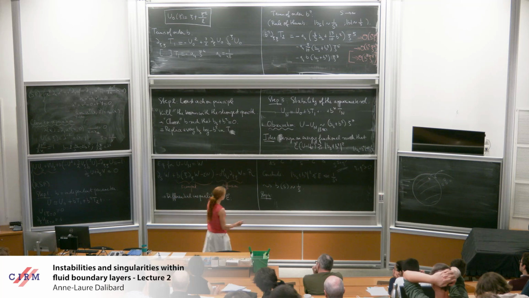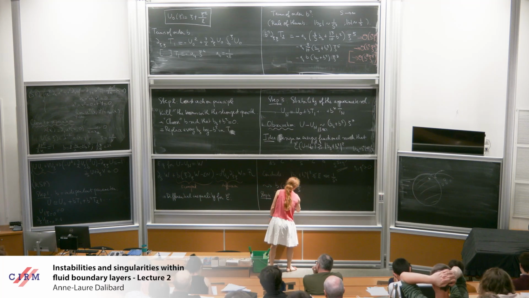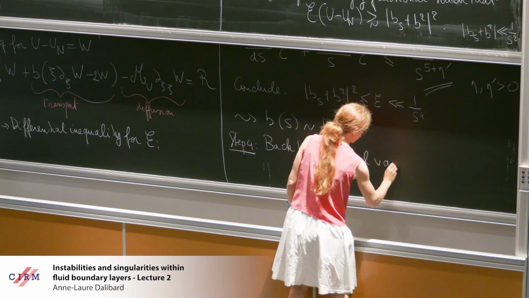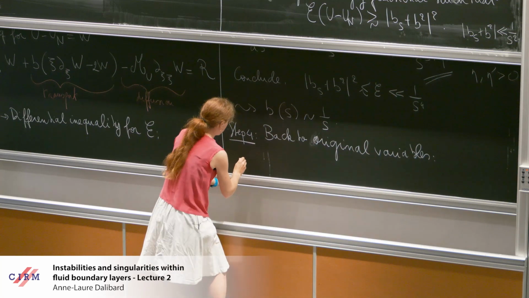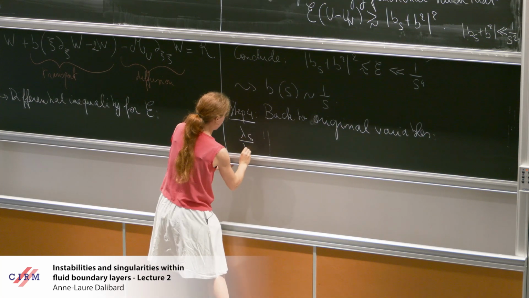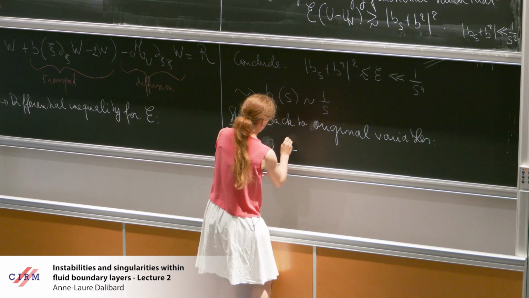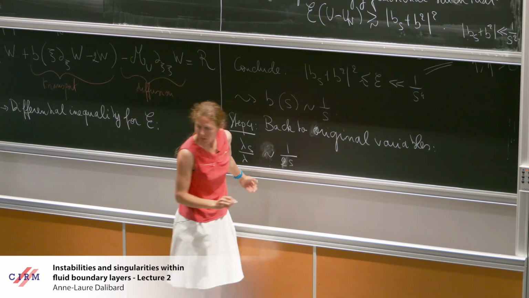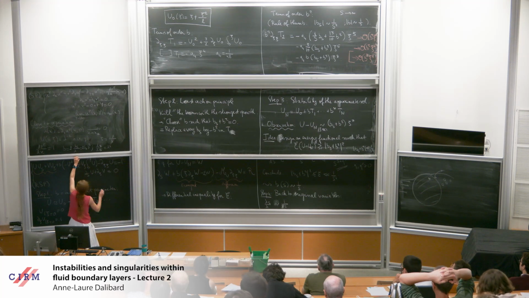Okay, so you go back to the original variables. Again, you have lambda s divided by lambda, which is like 1 over 2s. And maybe I have a sign wrong, actually. Yeah, there should be a minus over there.